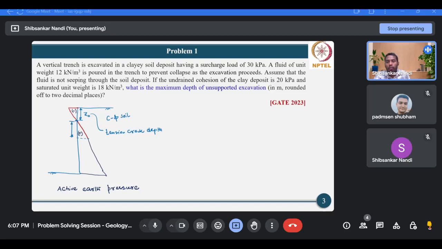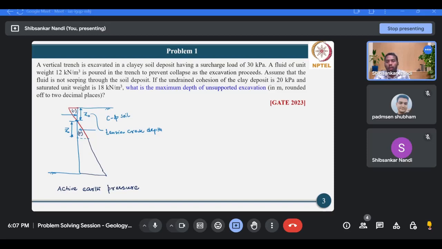In the top Z0 portion, means the portion which is above this point, the soil is basically under negative pressure. So the resultant pressure is basically negative. It's basically acting in this direction. Whereas in the bottom Z0 portion, the pressure is positive and it's in the opposite direction, opposite to the resultant force which is acting in the top Z0 region.